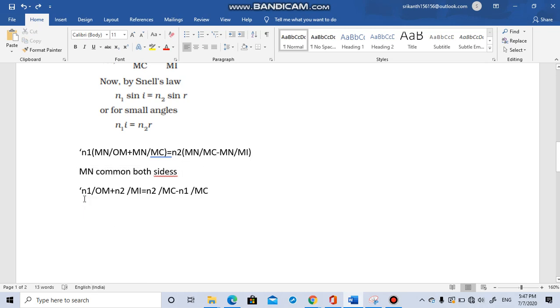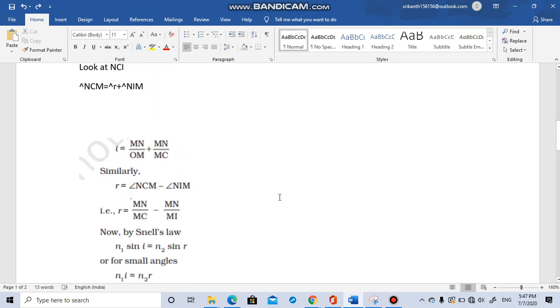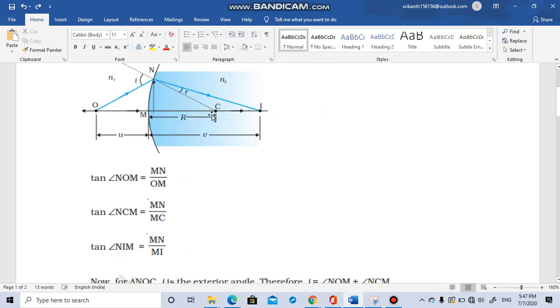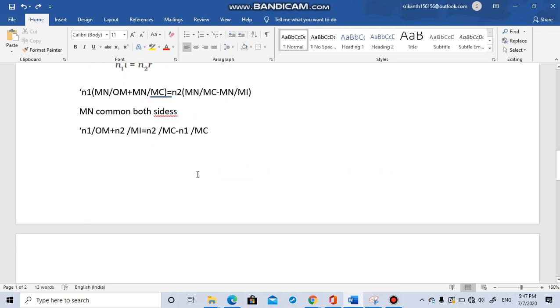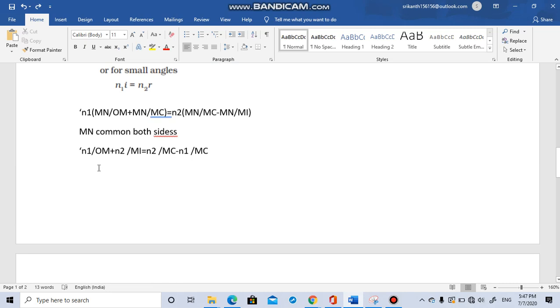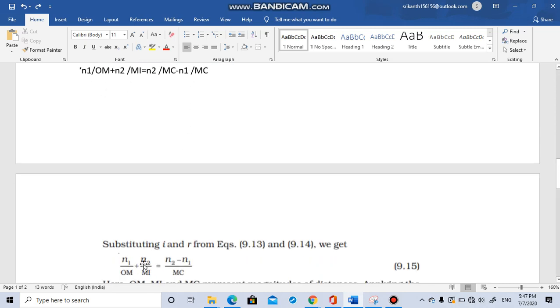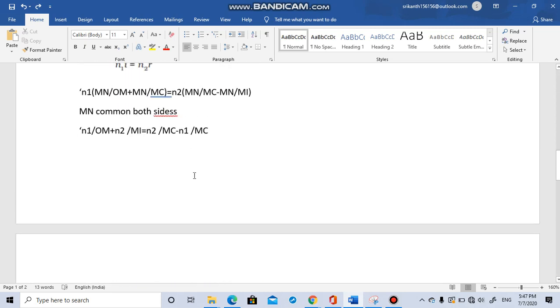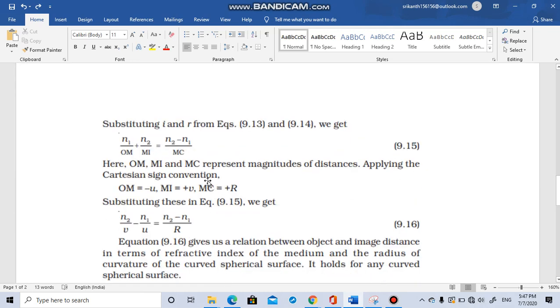So you get N1 by OM plus N2 by MI is equal to N2 by MC minus N1 by MC. Why are you bringing MC to the other side? If you look at the diagram, MC is R, so this is a common term. You need to just put in the values now. So finally you have got N1 by OM plus N2 by MI is equal to, since denominator MC is common, N2 minus N1 by MC.